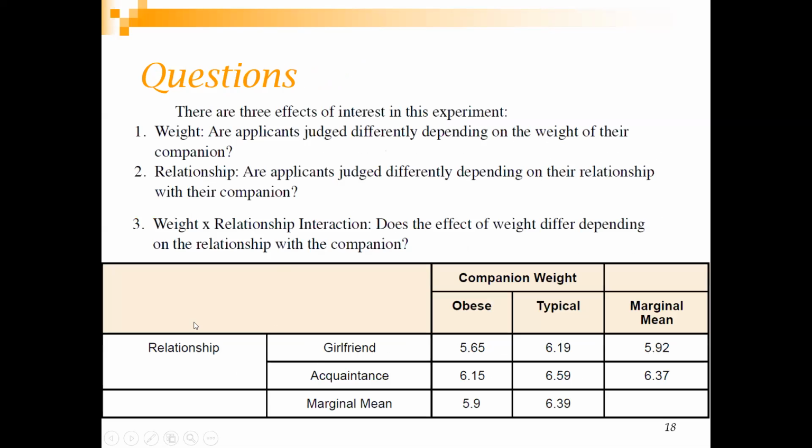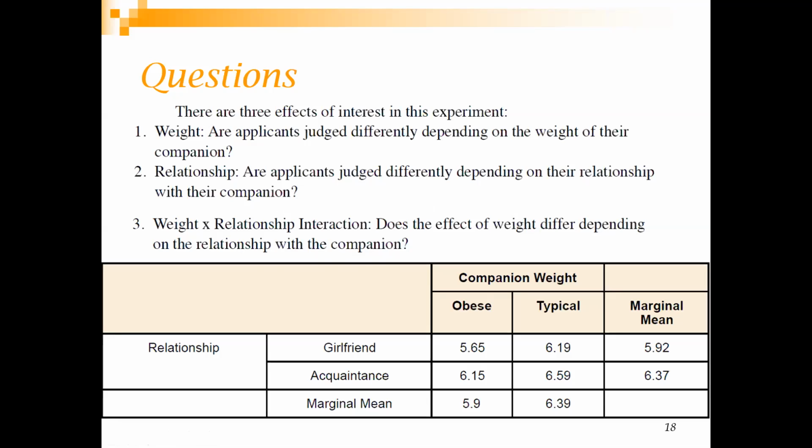And here you are actually testing three things. One: are applicants judged differently depending on the weight of their companion? Second: are applicants judged differently depending on their relationship with their companion? And finally: does the effect of weight differ depending on the relationship with the companion? These are the three questions that you are going to answer.